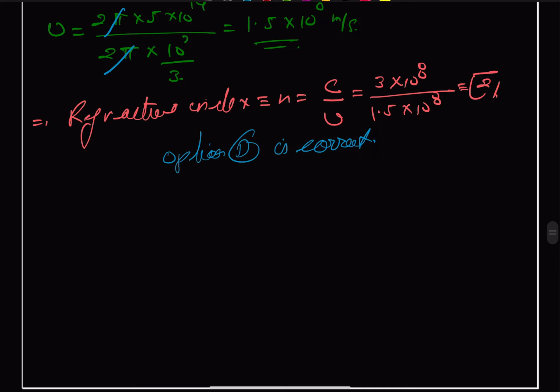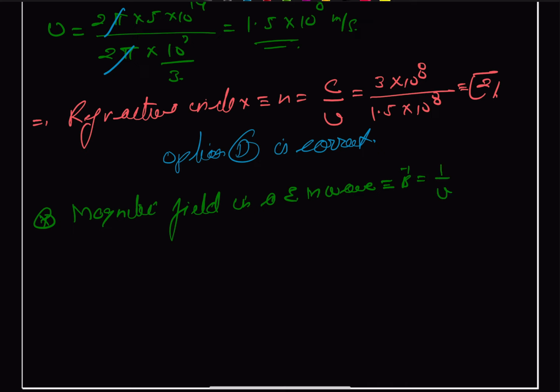And we know that our magnetic field in an EM wave, suppose that is given as B, then this B is equal to 1 upon V multiplied by cross product of our k unit vector and our electric field.